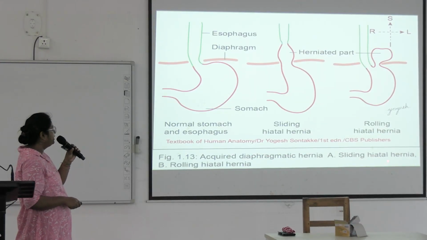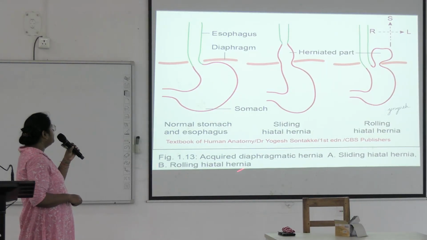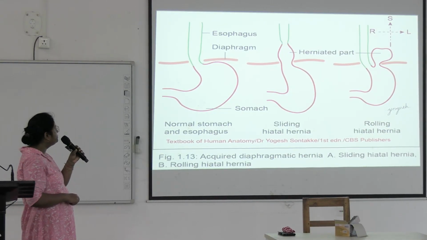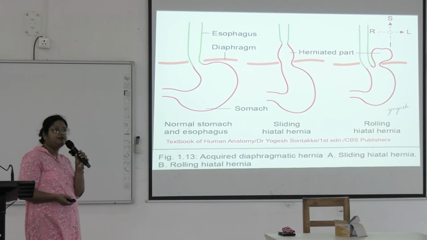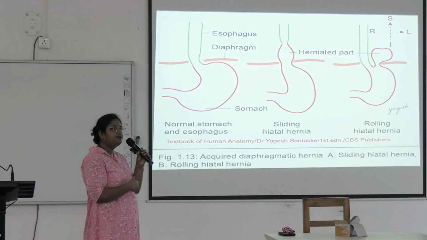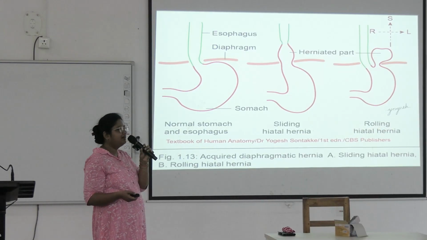Next are another two types of hernia, sliding hiatal hernia and rolling hiatal hernia. These two are acquired diaphragmatic hernias. Congenital is present at birth, and the acquired one develops later on.